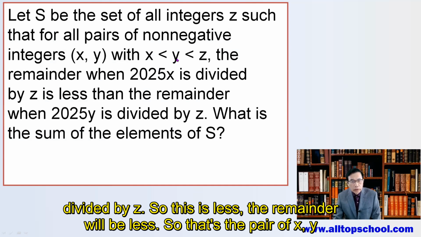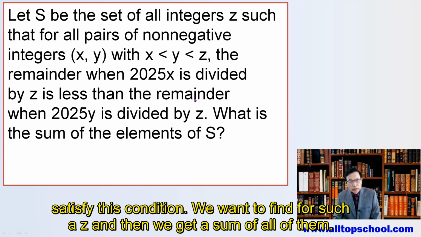So the remainder will be less. That's the pair x, y satisfying this condition. We want to find such z, and then get the sum of all of them.